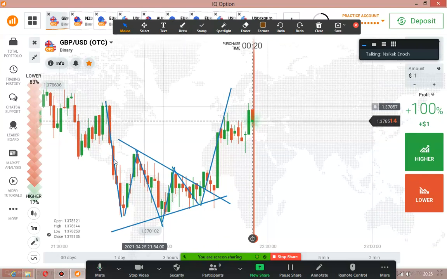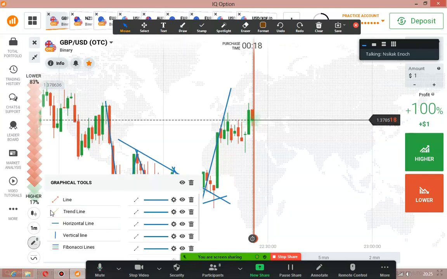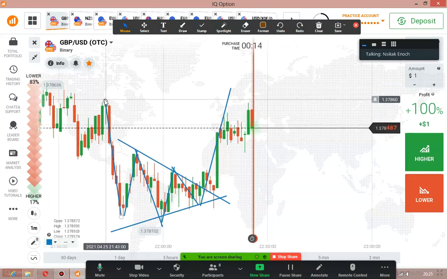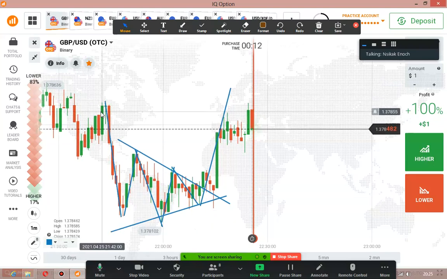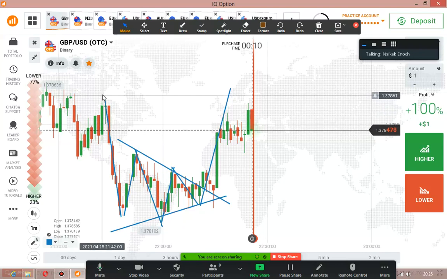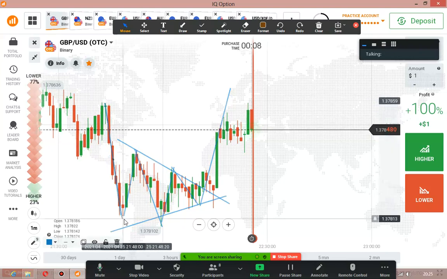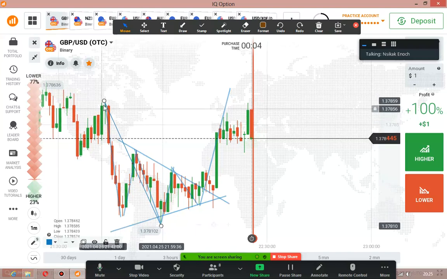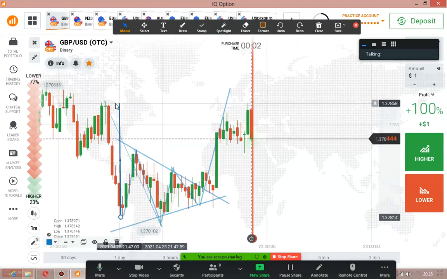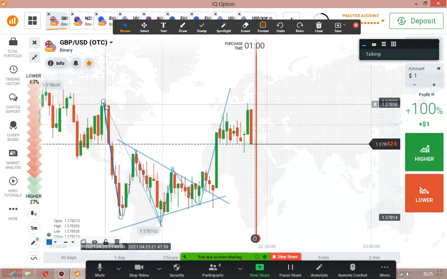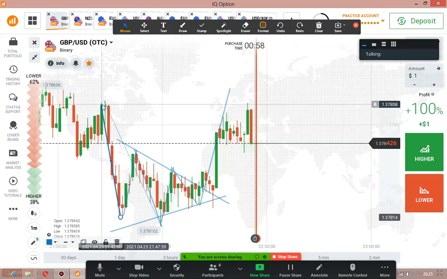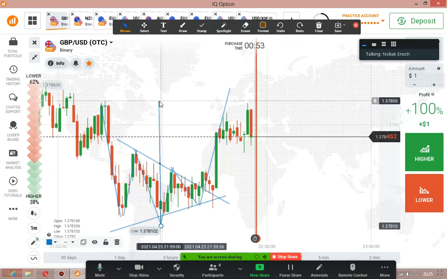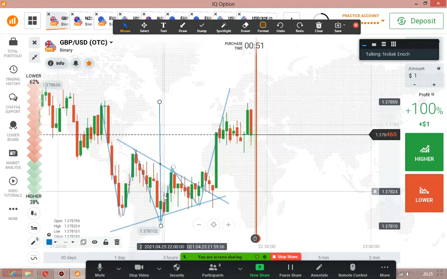For the forex trader, you should be able to know when to take your profit and when to enter the trade. Let's say the height from here to here.